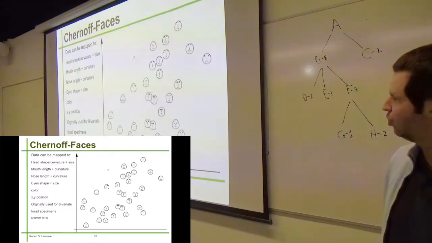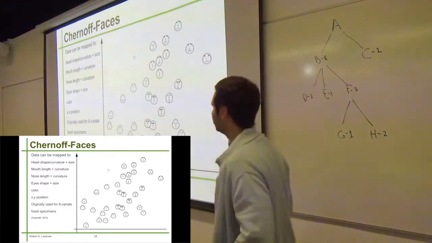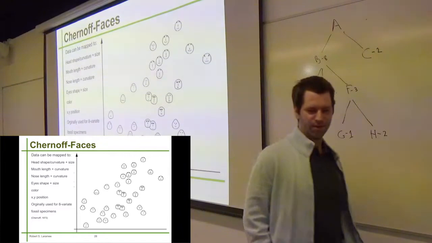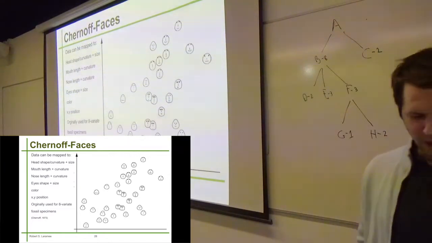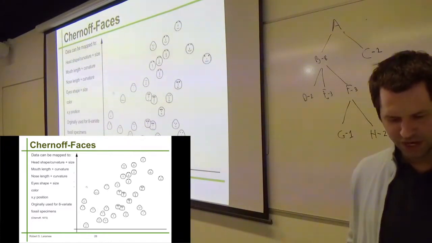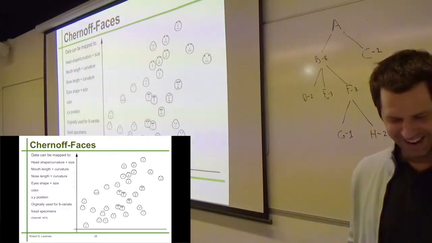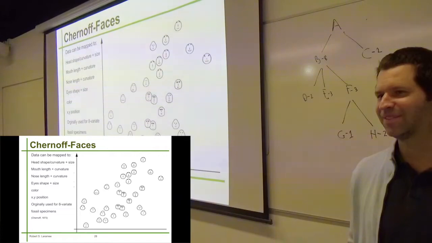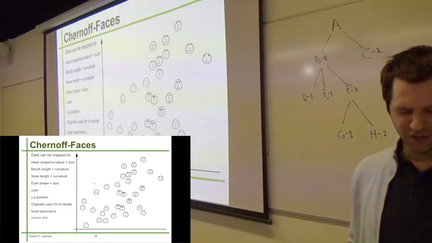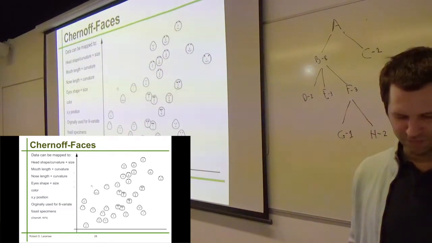Here they're pretty much uniform size, but they could include another variate. The mouth length is changing. Some people have a long mouth and some have a very short mouth. And the curvature of the mouths is also changing, right? So this one is kind of straight and maybe this one has more curvature.